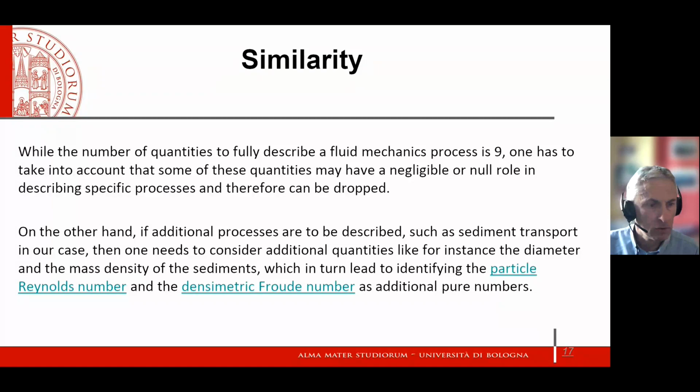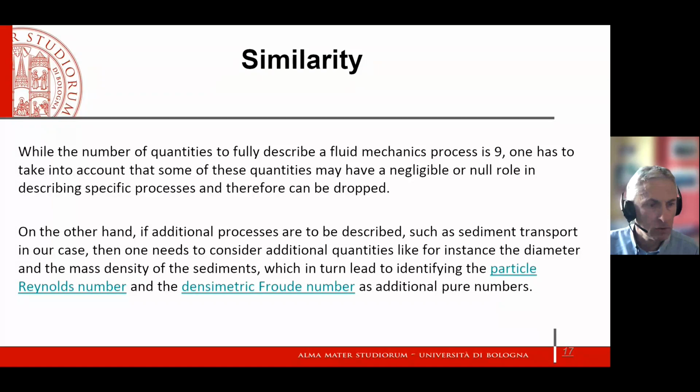So in fluid mechanics, we said that everything is described by 9 quantities, but if some of them have a negligible or null role in describing the processes I am interested in, I can drop some of them, okay?